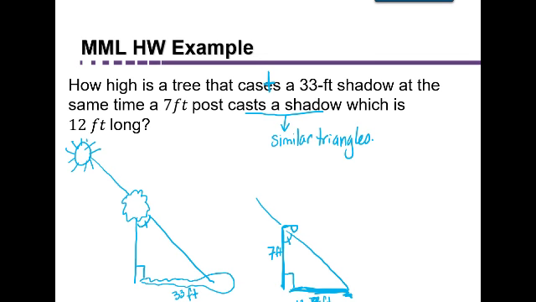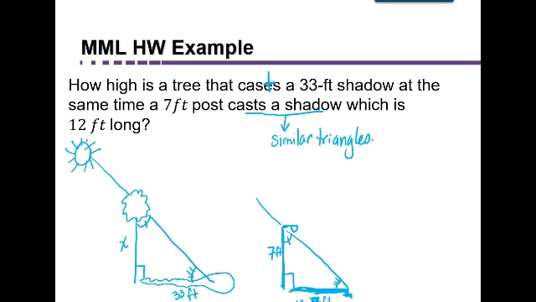All right, now they're both right angles, and the sun is striking them at the same angle. And by the way, since all triangles add up to 180, this third angle must also be the same. Remember, you only need 2 angles, angle-angle property, in order to get all 3 of the angles to be the same, so that we have similar triangles. So we can set up a proportion. We are looking for the height of the tree, so I'm going to call that x.